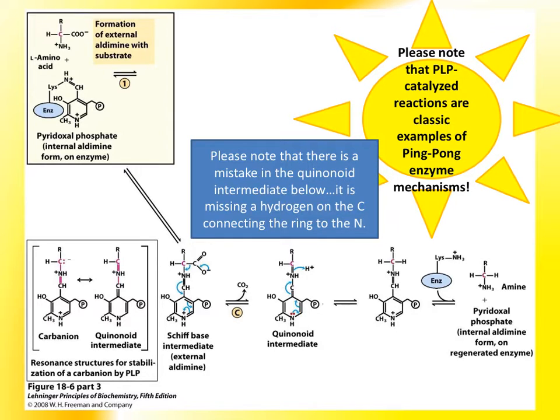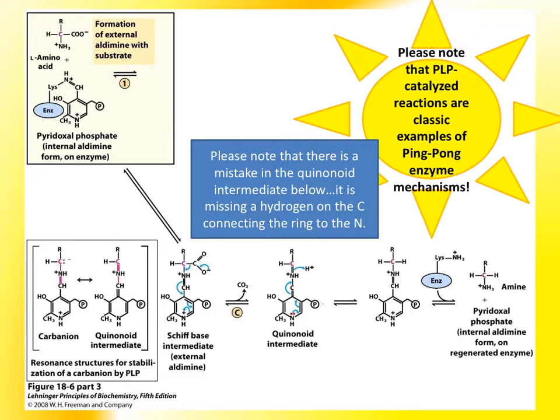Okay, so once again, we start off with the same thing that we had before with our amino acid. The nitrogen of the amino acid is going to replace the nitrogen of the enzyme, just like we had before. But for a decarboxylation reaction, instead of it starting down here somewhere for things to move around, it's the electrons of the carboxylate that are going to come and smack into the carbon.